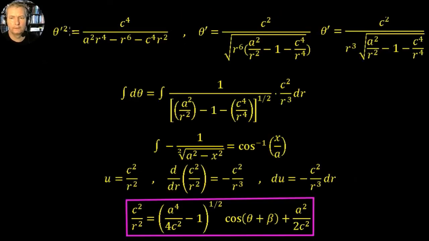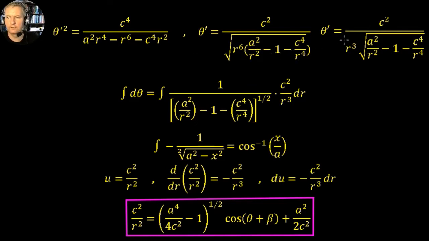So we have our theta derivative squared then is equal to this term here. So therefore we can take the square root of both sides and we'll get a c squared here, and this thing here is going to be the square root of all of this, and we can take out the factor of r to the 6 from here as well.